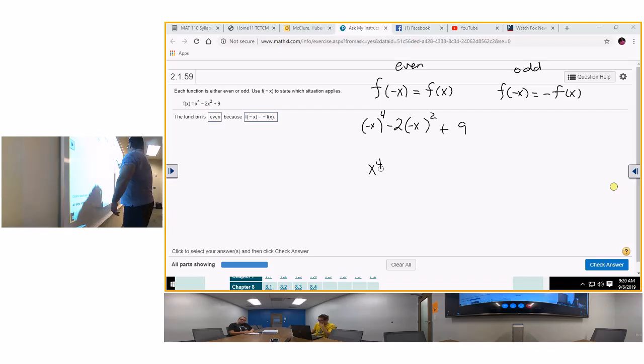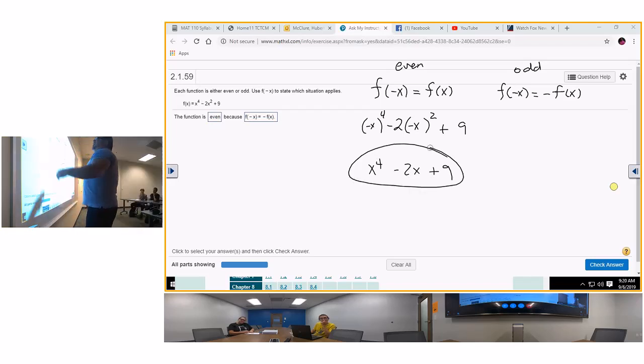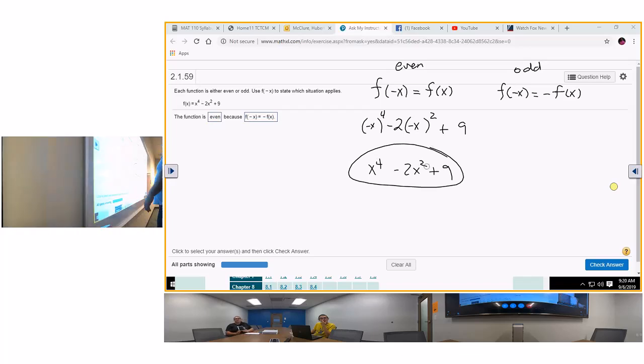What's negative x squared? X squared. So what do we get? Do we get what we started with? Okay, sorry. So this one is even. Should be, because this should be a positive right there. I think that's why they must have got it wrong.